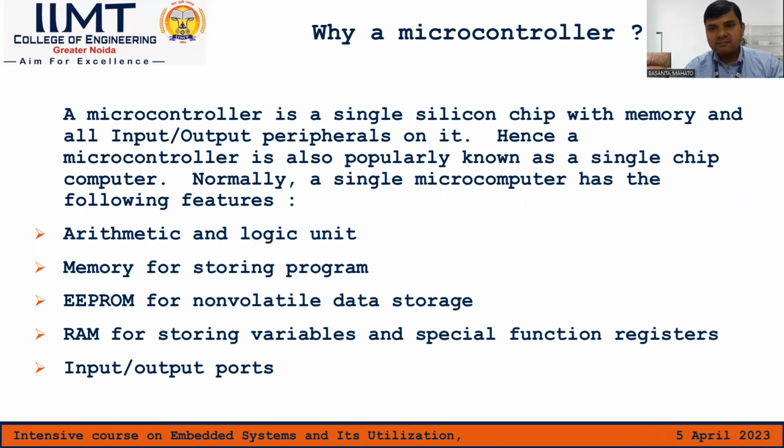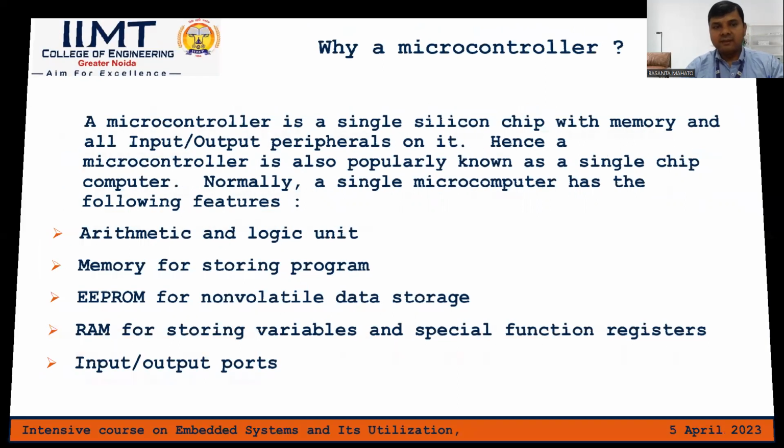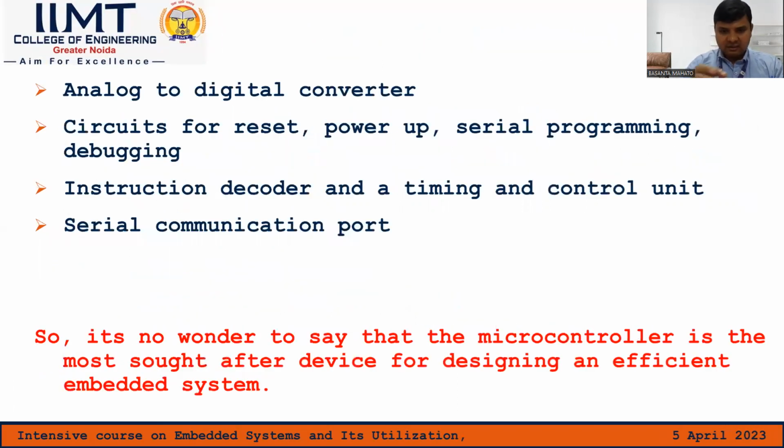It has the following features: ALU, memory, EEPROM, RAM, input output ports, ADC, digital to analog converter, circuitry for reset, power up, serial programming, debugging, instruction decoder, timer, all within a single chip. So that's why the system is so much more efficient.